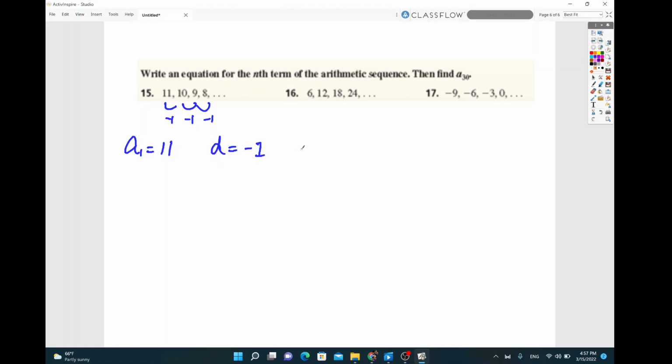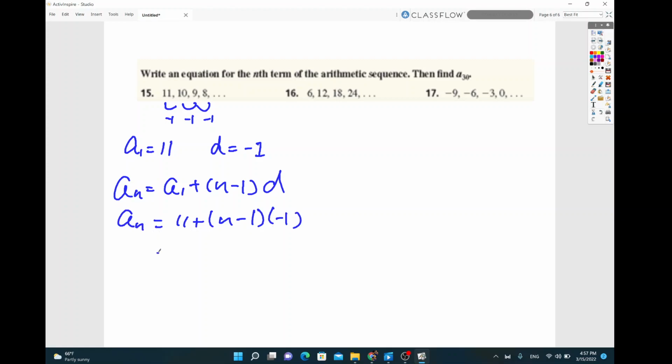To come up with the nth term, the general formula, a sub n equals a sub 1 plus n minus 1 times the common difference. So a sub 1 is 11, n is however many terms we want, minus 1, times d, the common difference, negative 1.